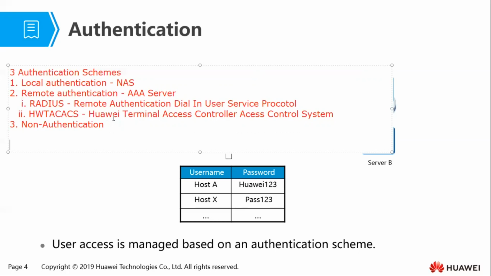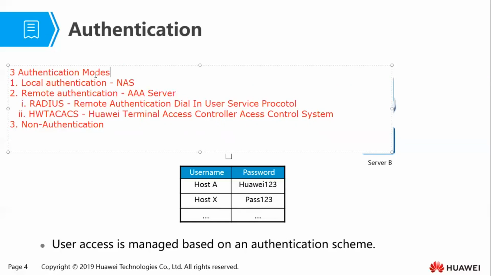So when you configure more than one authentication scheme, these authentication modes are going to take effect in the sequence with which they were configured. So the one that you begin with is going to be the first one to be tried out.